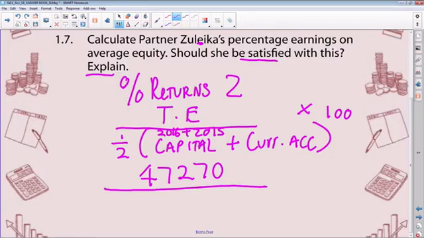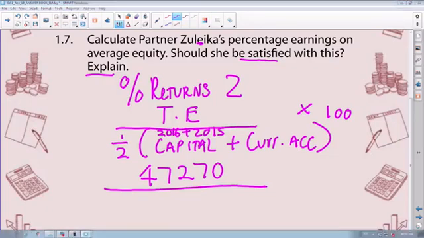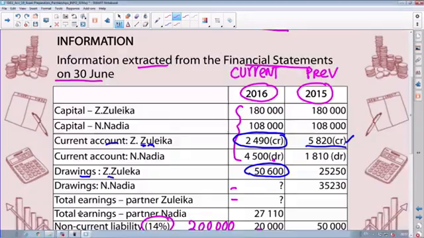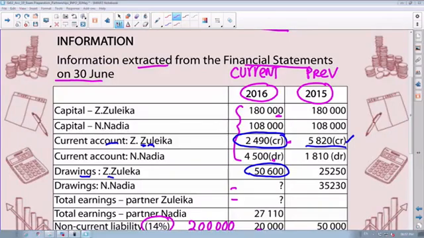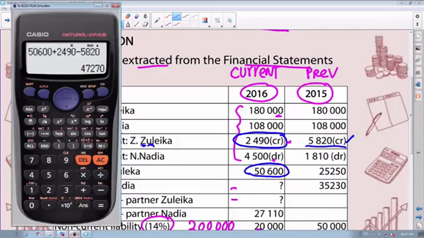Let's go to the information sheet. Right, on our information sheet, remember we are looking at partner Zuleika. There's her capital and there's her current account. So let's do the average owner's equity that she has contributed to this business.